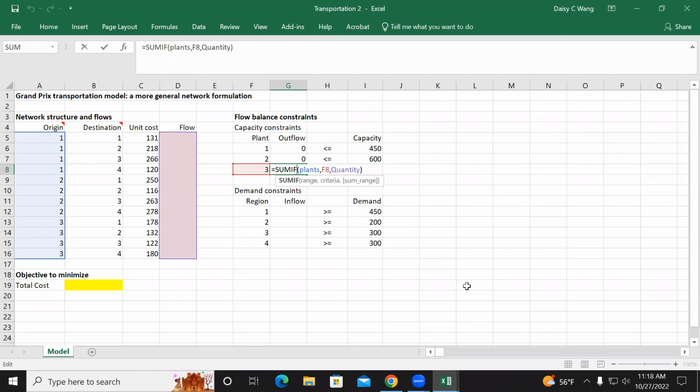So the second one, try to do the second one. It's the same, but instead of the plant range, we now need to do the second, the B column.